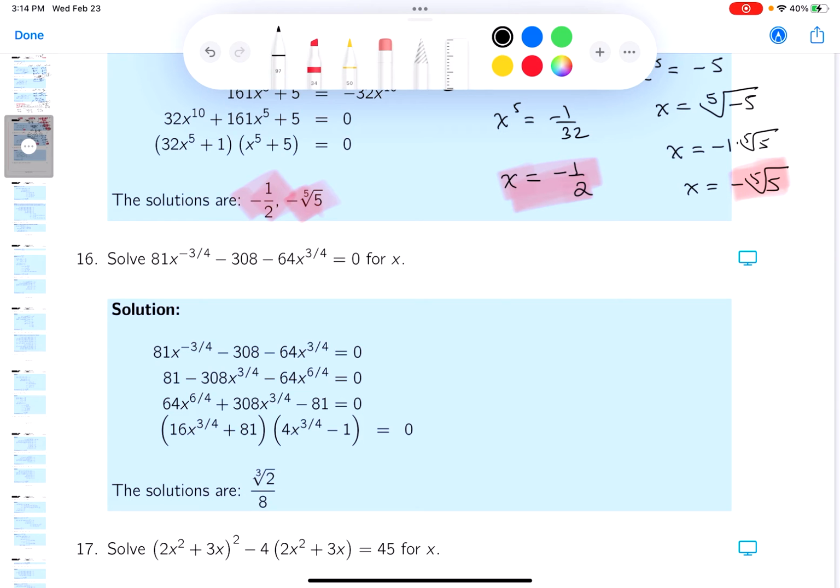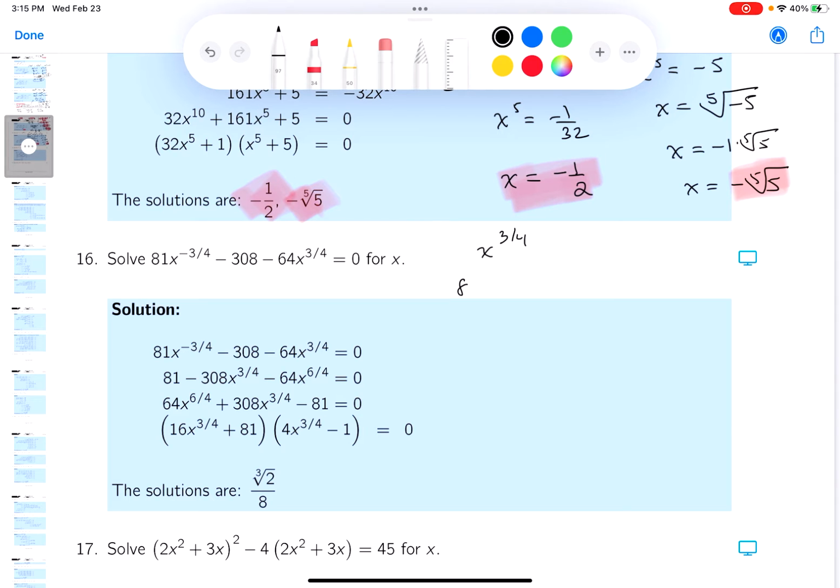Okay, I'm just going to rewrite the problem, and I am going to multiply both sides by x to the 3/4. And what do you get?